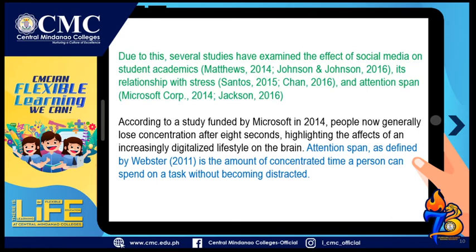Due to this, several studies have examined the effects of social media on student academics, according to Matthew 2014, Johnson and Johnson 2016, its relationship with stress, according to Santos 2015, Ogchan 2016, and attention span, according to Microsoft Corporation 2014, and Jackson 2016.